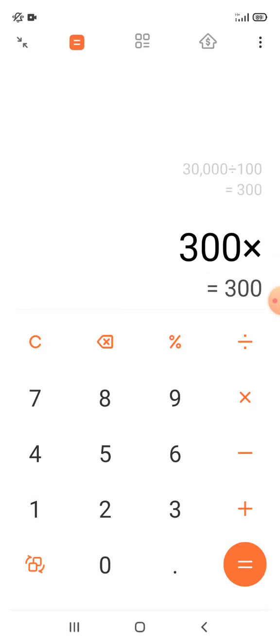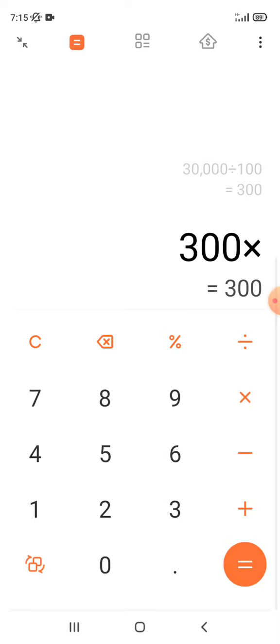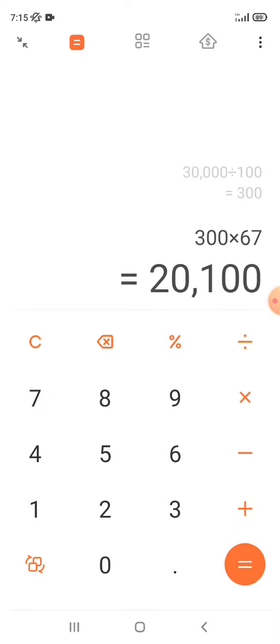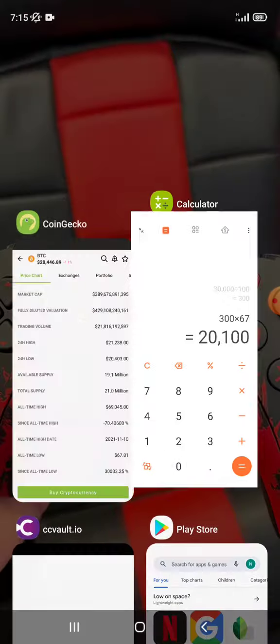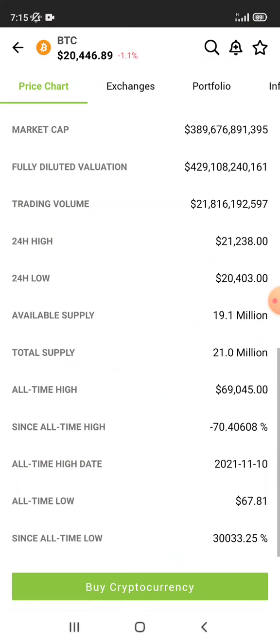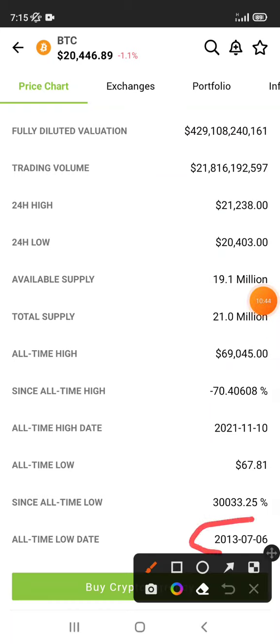So 300 times 67, and you get about $20,100, which is the current price of Bitcoin now. So that is that. Then they also give the all-time low date, which is 2013. That was the year Bitcoin had the lowest price of $67.